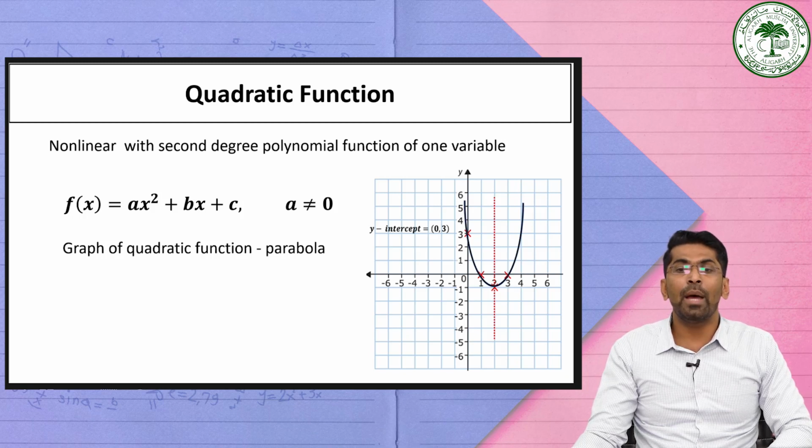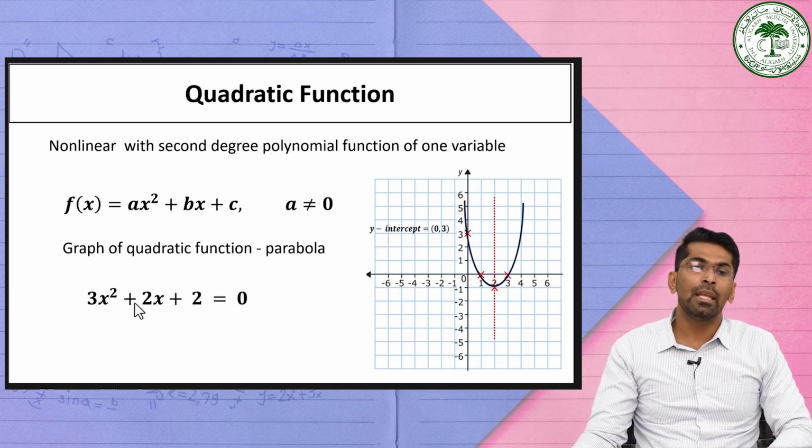And the direction of the parabola, whether it is opening upward or opening downward, is determined by the sign of the coefficient a. If the coefficient a is greater than 0, then the parabola opens upward, just like this. And if coefficient a is less than 0, then the parabola will open downward.